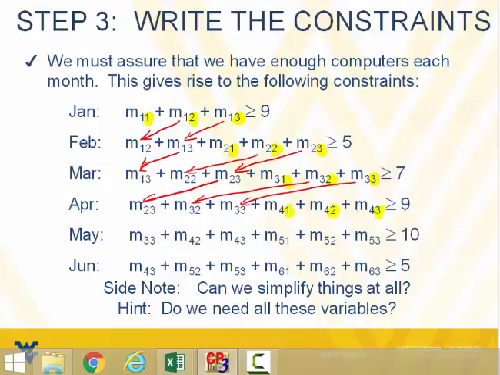So think about that. Think about that in the context of, do we need all these variables? Which ones do we not need?